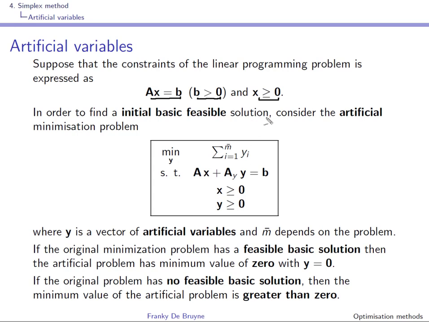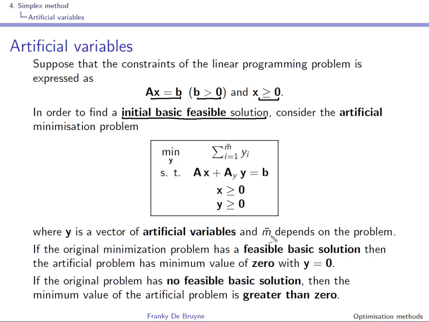Then you have to find an initial basic feasible solution. So you have to look for a basic variable in each equation, and sometimes you will not find such a variable for each equation. In the equations for which you do not have a basic variable, you'll have to add an artificial variable.